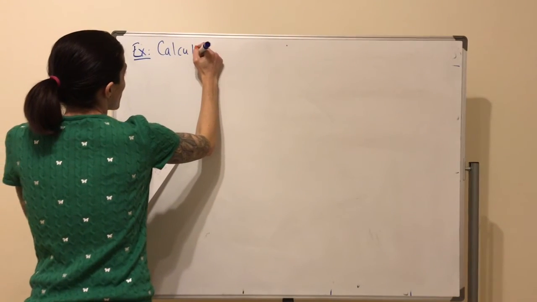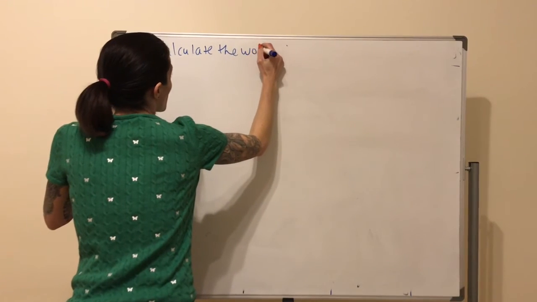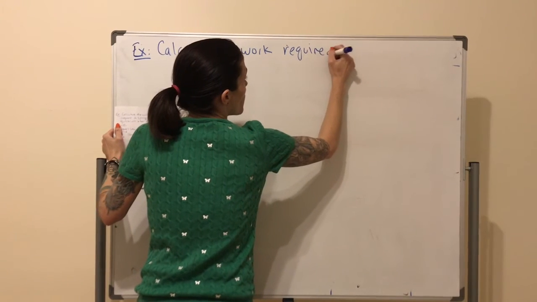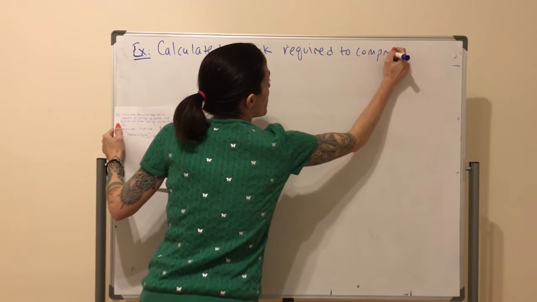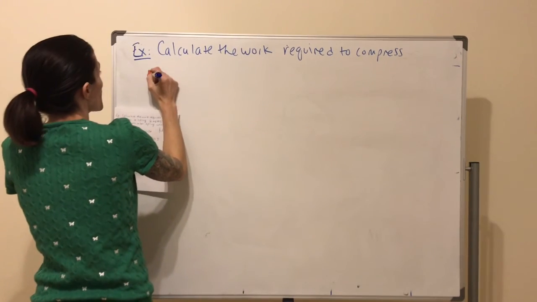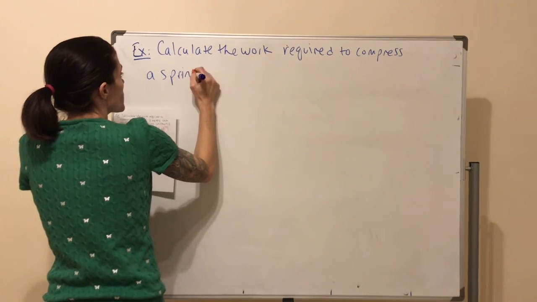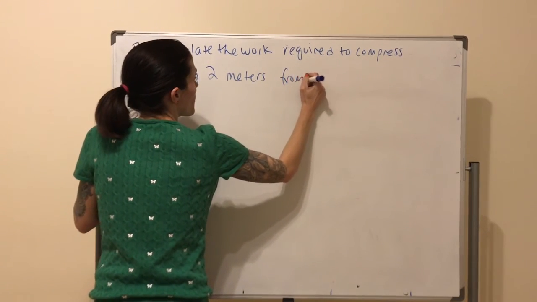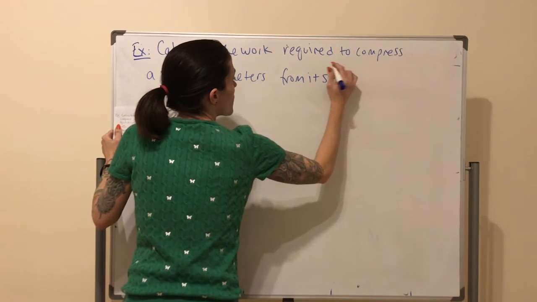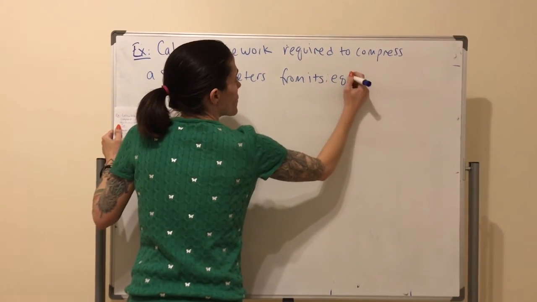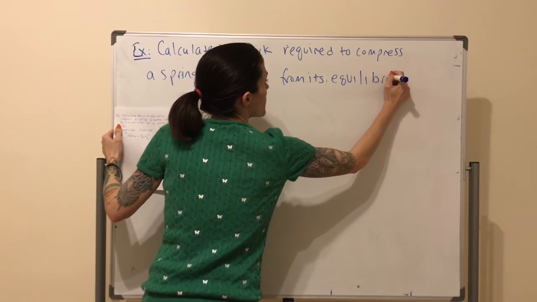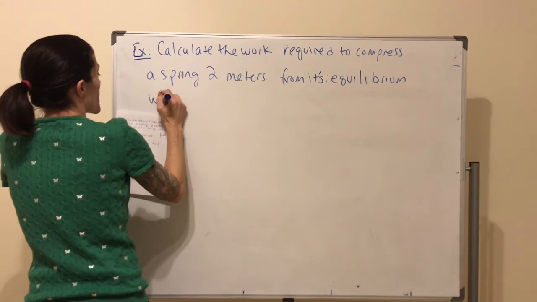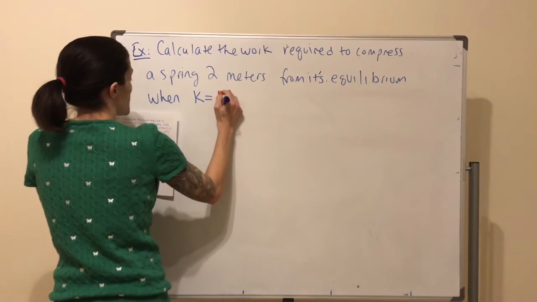Calculate the work required to compress a spring 2 meters from its equilibrium when the spring constant is 10.